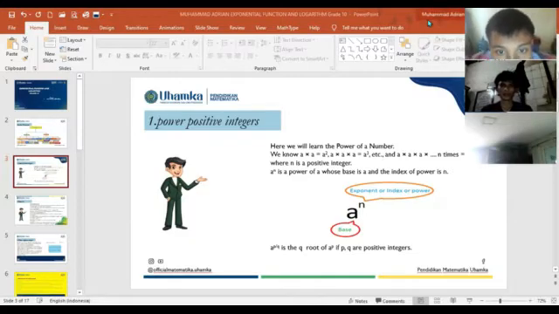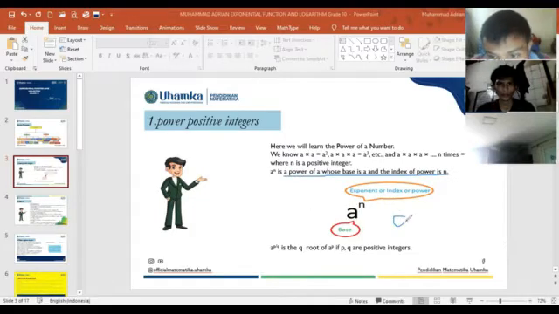A power n is a power whose base is a and whose exponent is n.